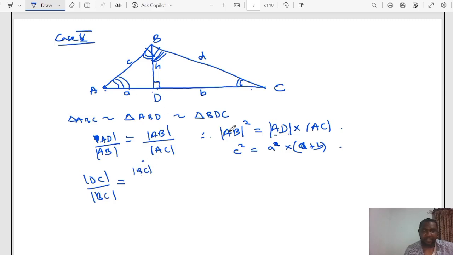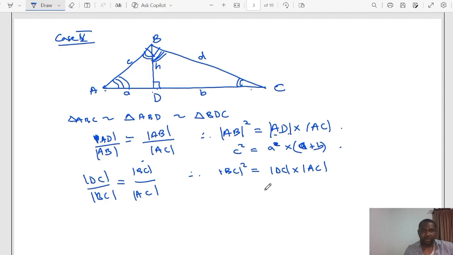Okay, that's the adjacent for this, or opposite, whichever. Then the hypotenuse for this is also AC. So if you cross multiply, what it simply means is that BC squared, please note this, BC squared is equal to DC times AC. So this is another rule you should know.